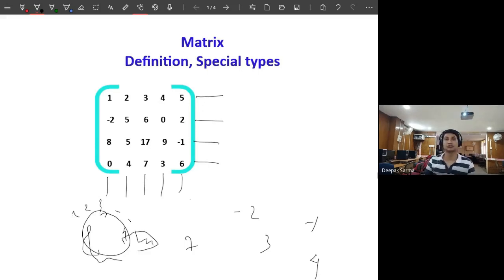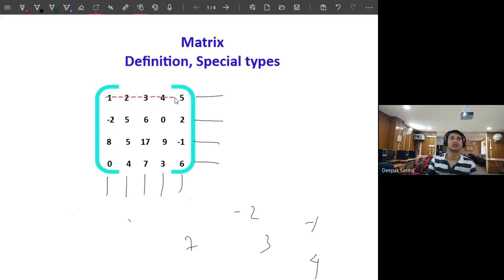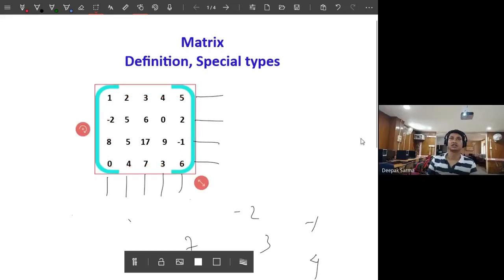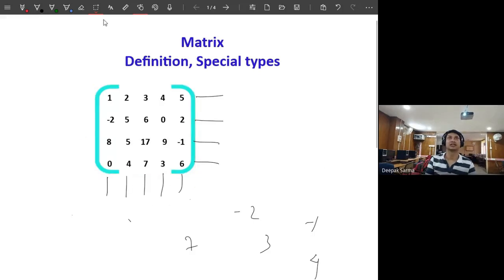But here what we do, here we are going to write the numbers in rectangular form. So what we mean by rectangle? All of you see that this one is a rectangle, isn't it? So if I ask you the length and breadth, you can say length and breadth are 5 and 4. Here we have 5 lines, and then here I have 4 lines.